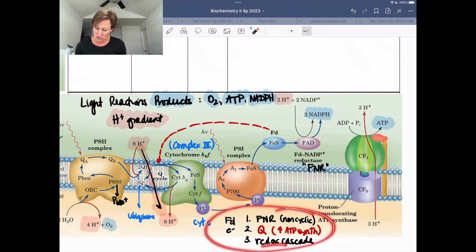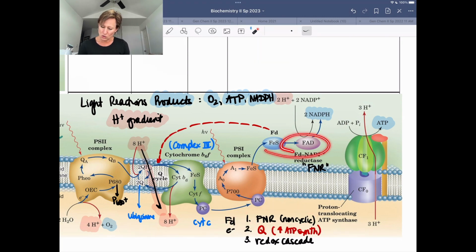We're talking about this redox cascade now. We can go in a non-cyclic pathway and take these electrons over to FNR. It can say, hey, wait a minute, I want to ride the ride again, and give its electrons back to Q, allowing us to participate in the Q cycle again. That's going to increase ATP synthesis. Or they can deliver them to a partner in the redox cascade. That's what we're getting to right now.